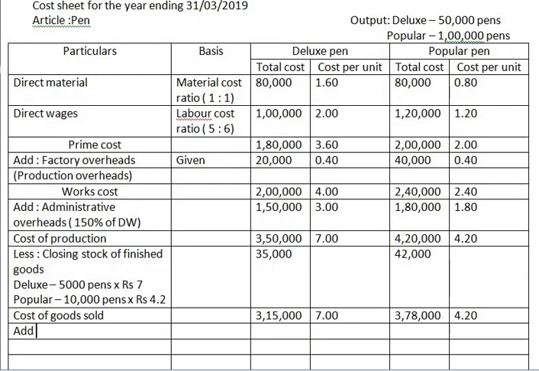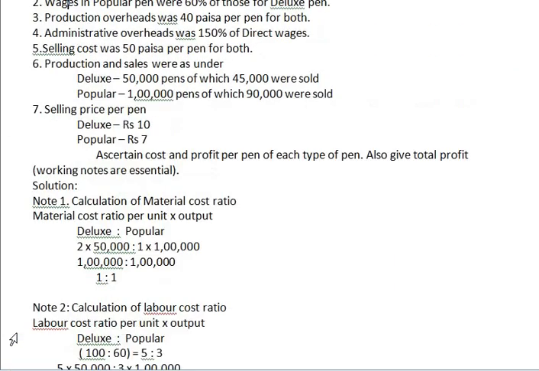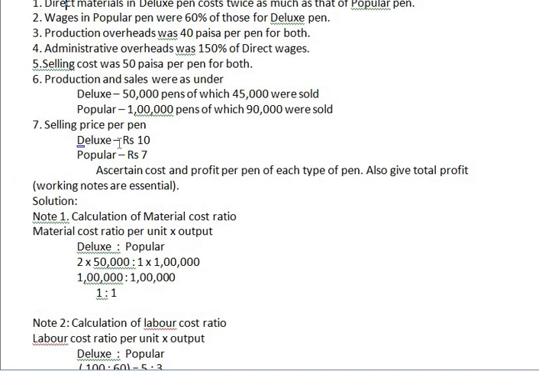Now next is add selling and distribution overheads. Okay, now related to selling and distribution overheads, what information is given? Selling price per pen. No, this is sales.